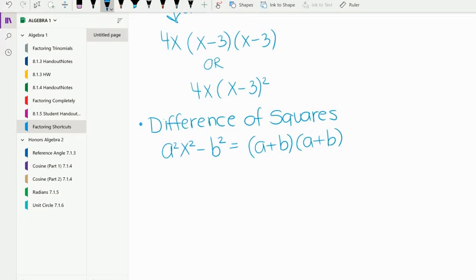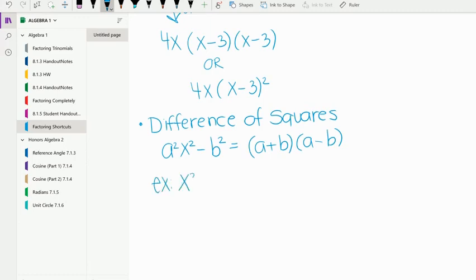So there's only two terms. So that should be a giveaway right away. We should see that it's a binomial. So in order to qualify for a difference of squares, it has to be a binomial. You have to be able to square root the first and the last term, and there has to be a minus sign. So let's go ahead and take a look at an example.